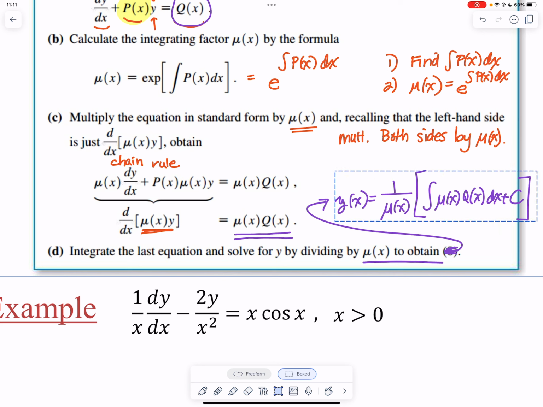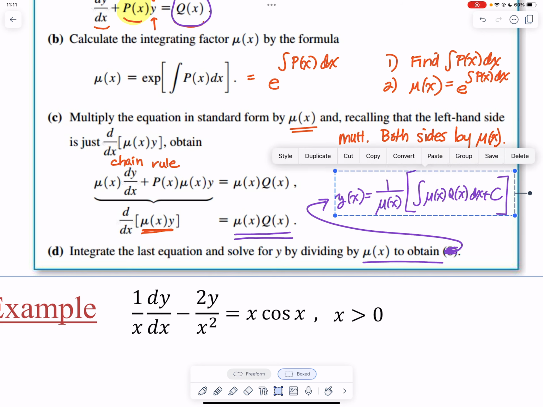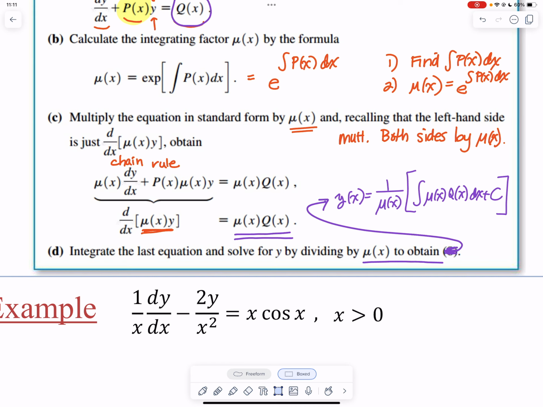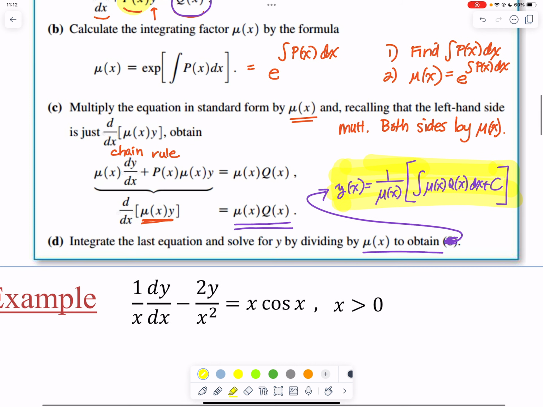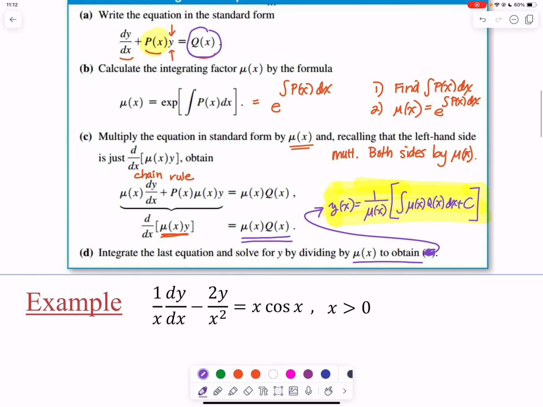So that's our goal, is to obtain y. Okay, let's give this a try.